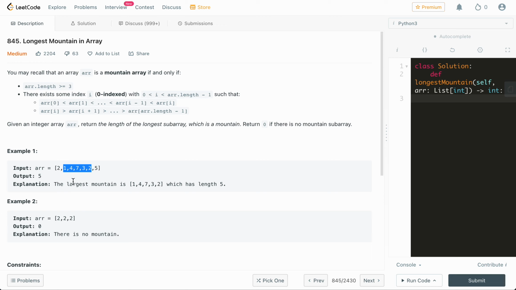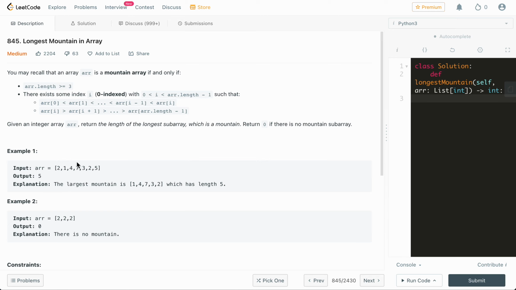So just 1, 4, and 7 is not a mountain, and it does not count. There needs to be a decrease at the end of this mountain for it to count. So 1, 4, 7, 3 would count as a mountain of 4 elements. But because there is also another element after the 3 that's a decrease, then we have 5 total elements, which is our output right here.